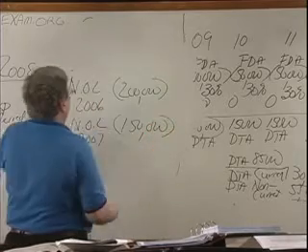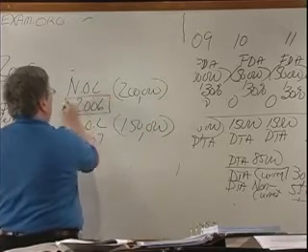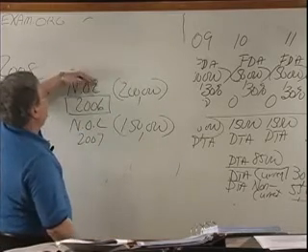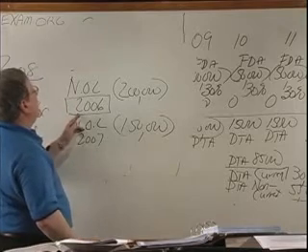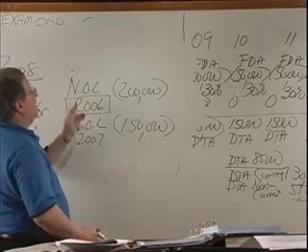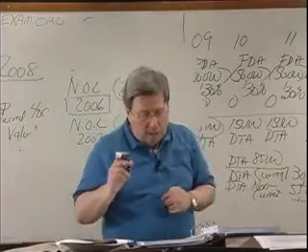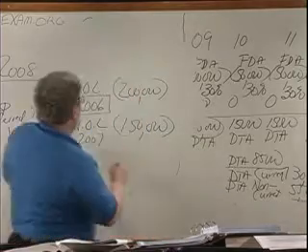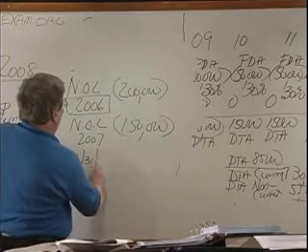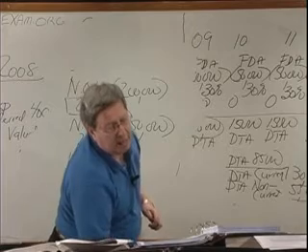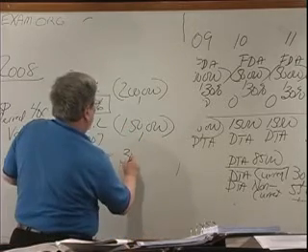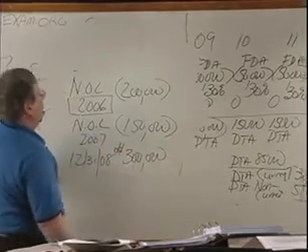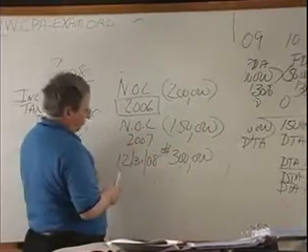And remember, the first year of operations is 06, so the net operating loss will not be carried back. It will only be carried forward because the first year they had a loss was the first year they began operations. Now, what does it say here? They did have taxable income at December 31st of 08, and that taxable income is $300,000 because book and taxable income are the same, because they have no permanent or temporary differences.